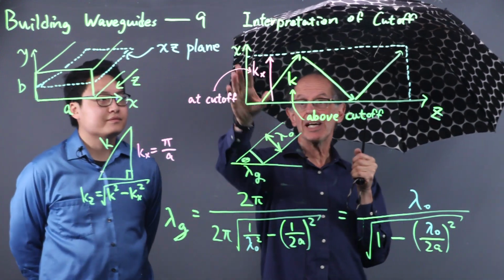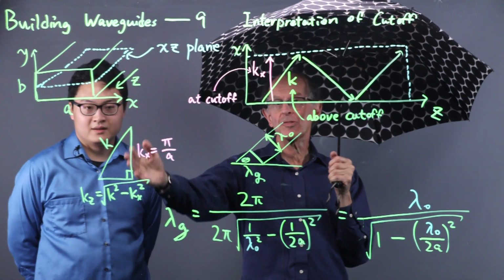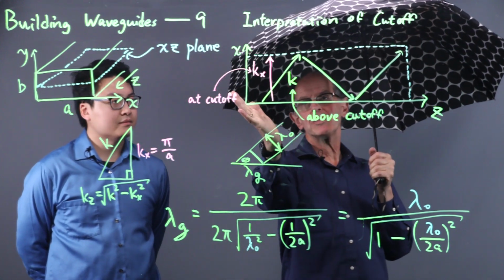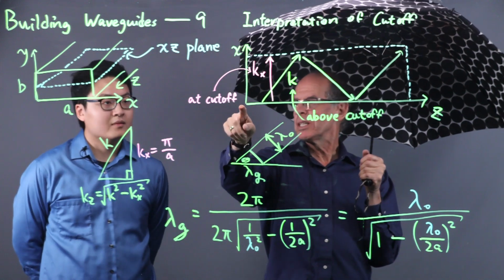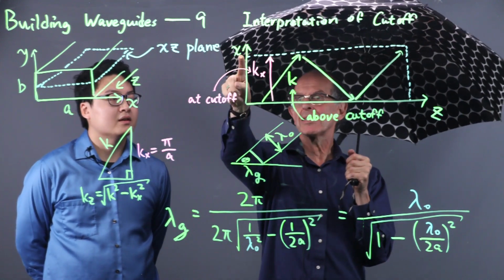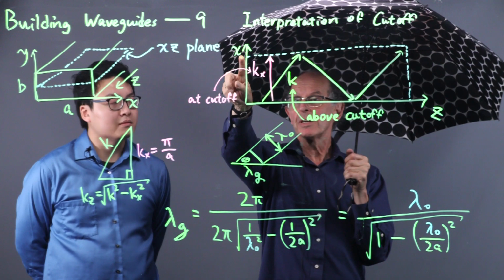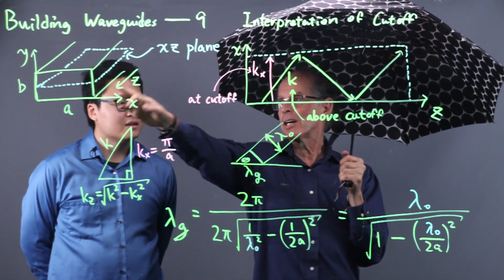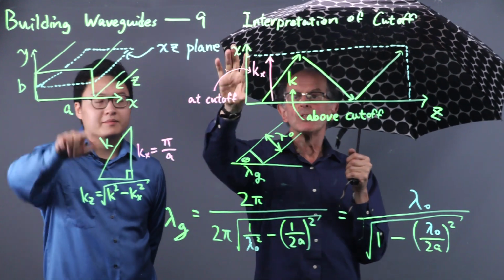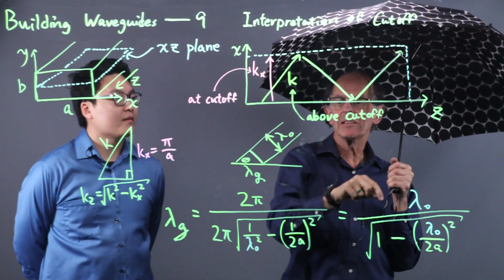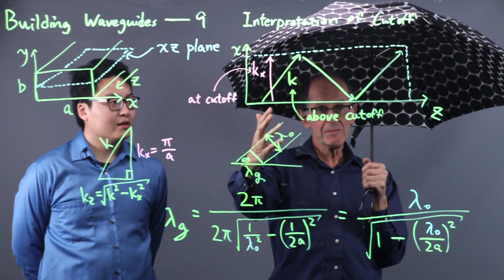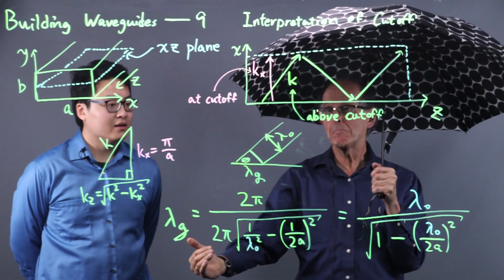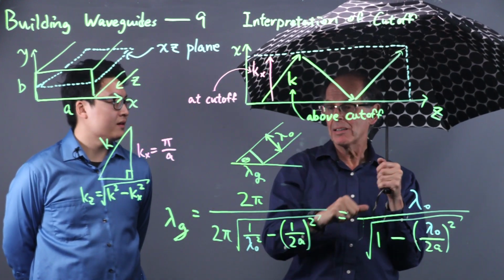So now here's the xz plane. Well, you have kx and kz, so the waves are bouncing back and forth between x equals 0 and x equals a, because that's the distance of the waveguide. We're cut through here. So the waves are bouncing back and forth. And so we actually see that the waveguide consists of waves bouncing back and forth.